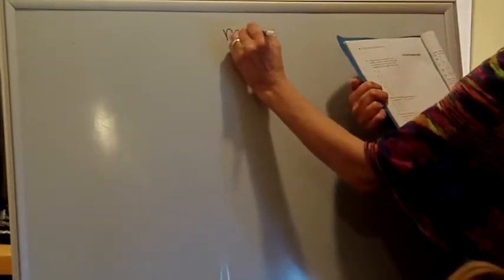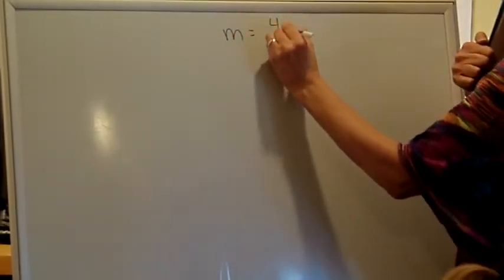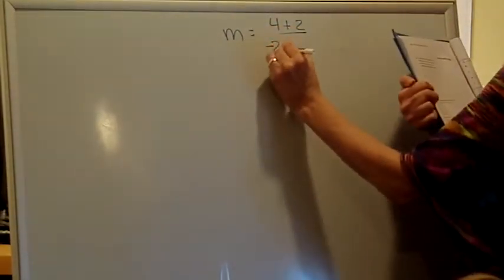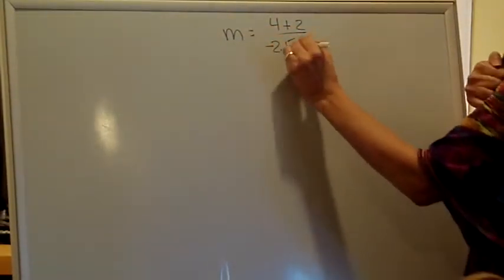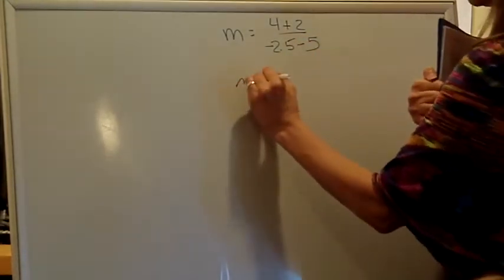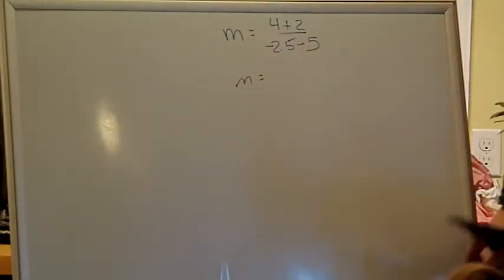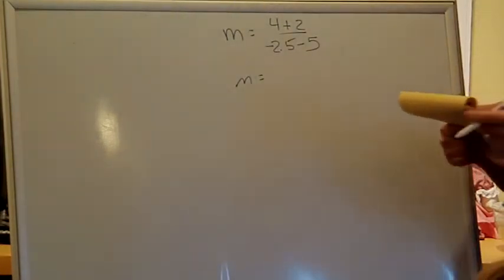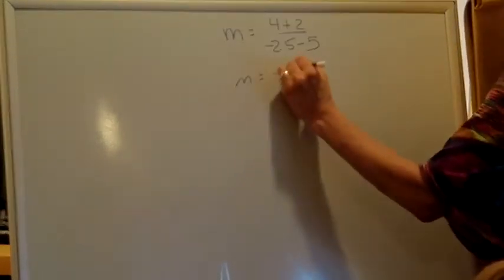It's a possibility. But if you were to write the equation, the first thing you'd want to do is find the slope. So you do 4 minus a negative 2 over negative 2.5 minus 5. You get 6 over negative 7.5, which is the same thing as negative 4/5.